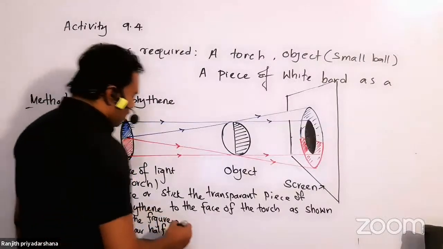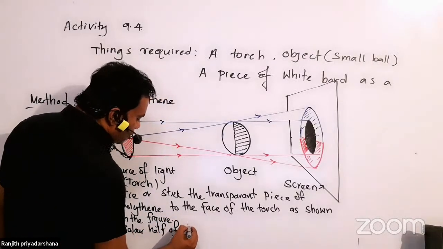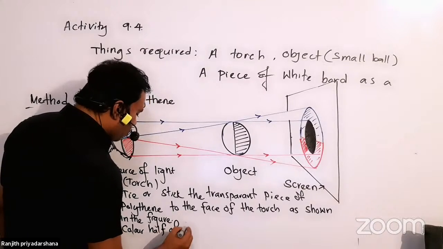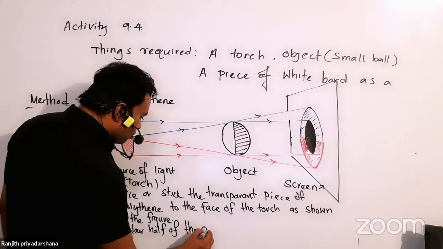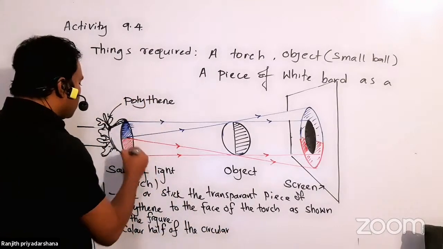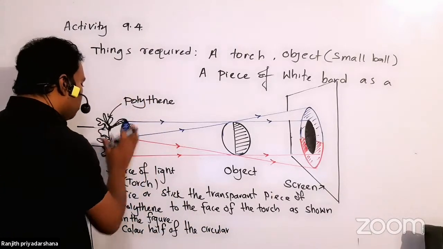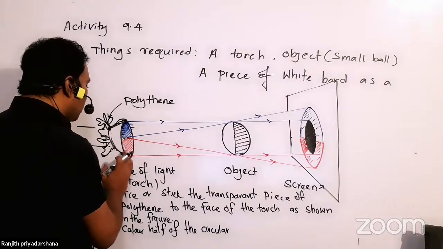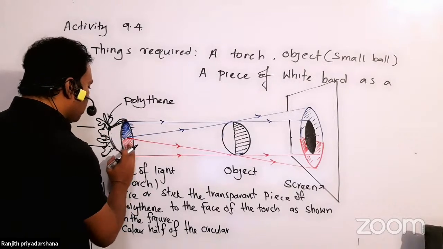semicircle, half of the circle, circular face. Half of the circular face. Here's the face. Its shape is circular. Therefore, we call that circular face.